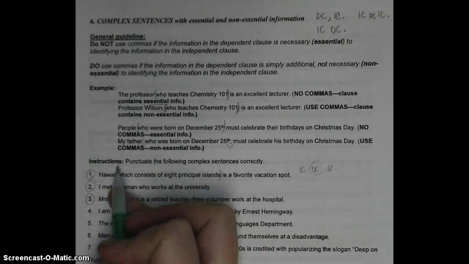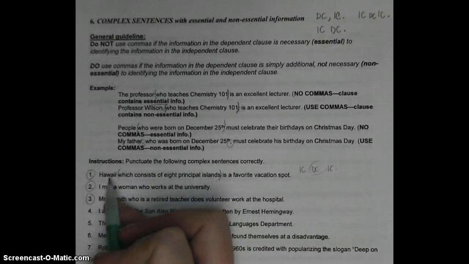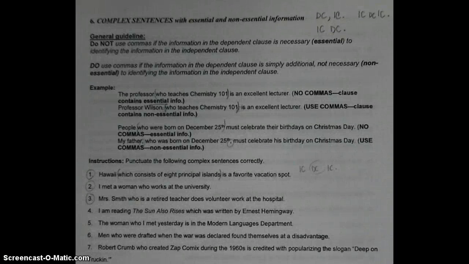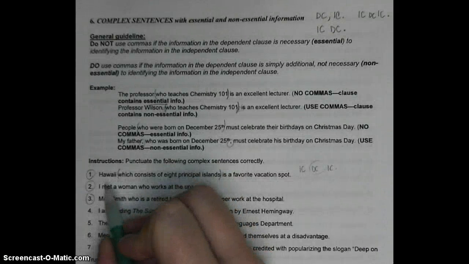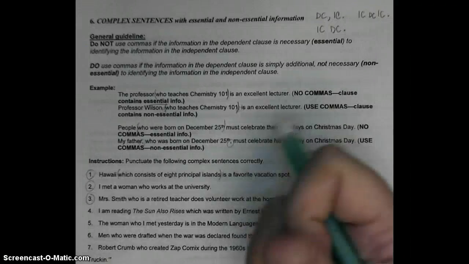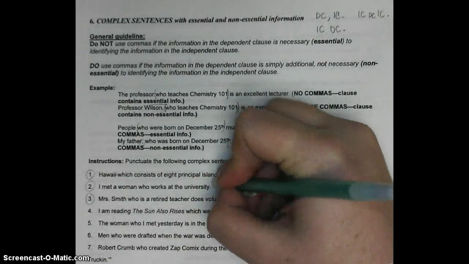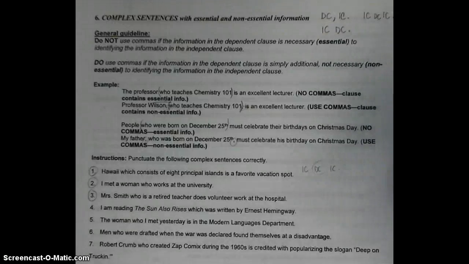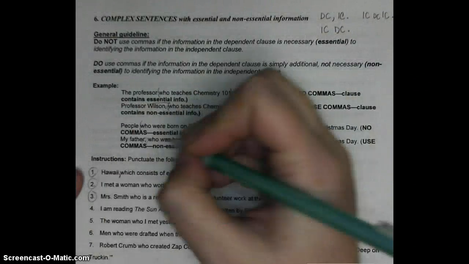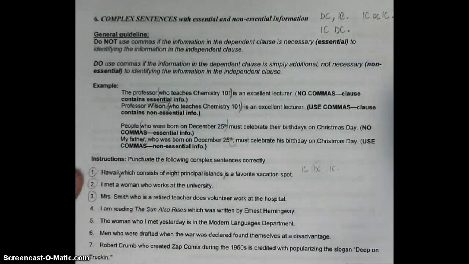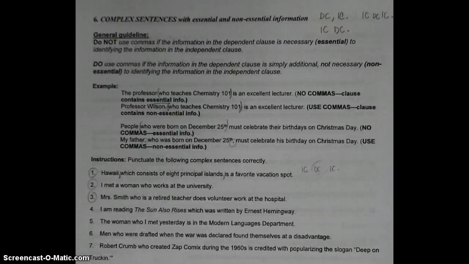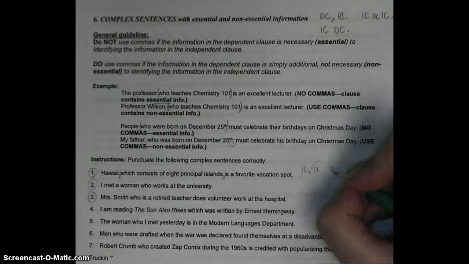This is information telling me about Hawaii. In this case, because I've already identified Hawaii is a favorite vacation spot, I think this is just additional information, which we don't necessarily need, and so I'm going to add the commas in. So in this case, I've got this.